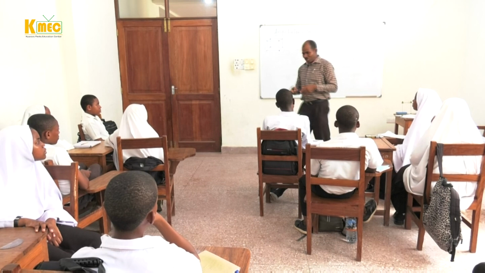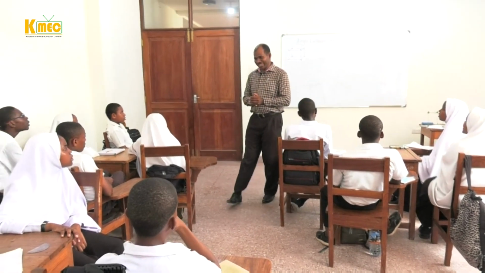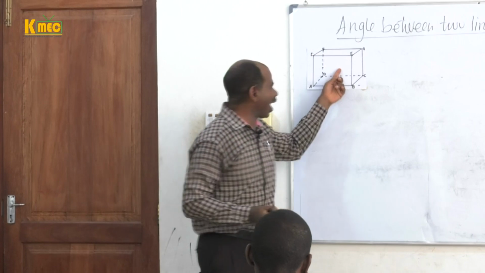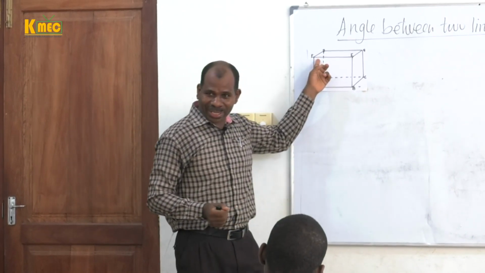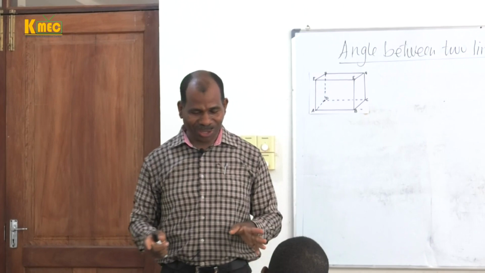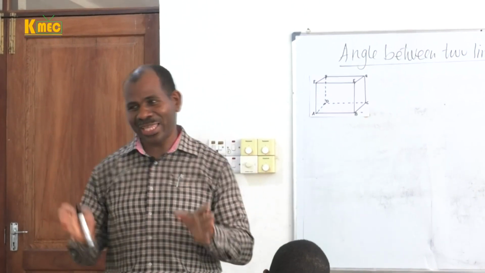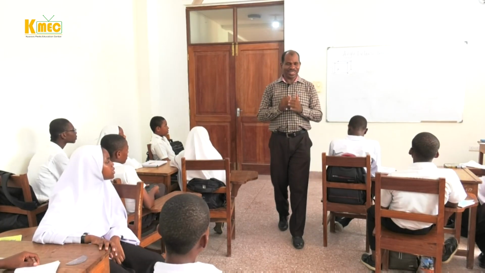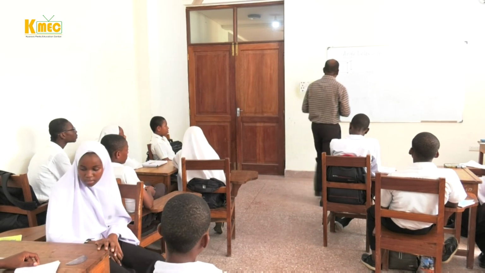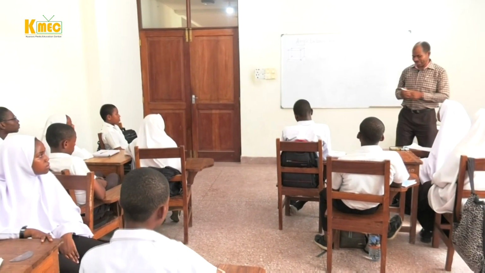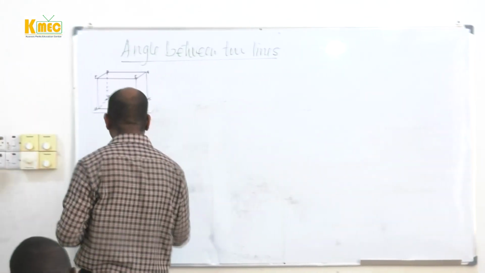Are you okay with the lines? Here we have only the 12 lines mentioned in the figure, but we can construct other lines from the same prism, okay? Good. That is just to be aware of the lines.